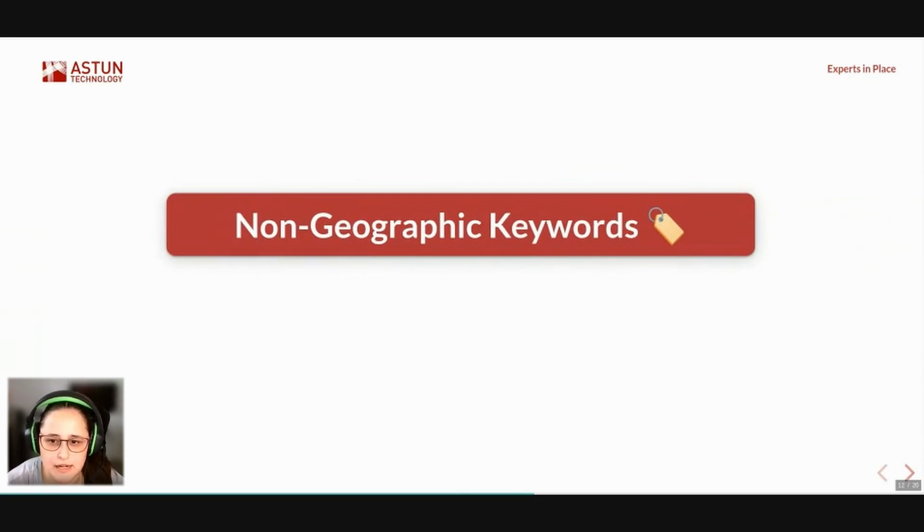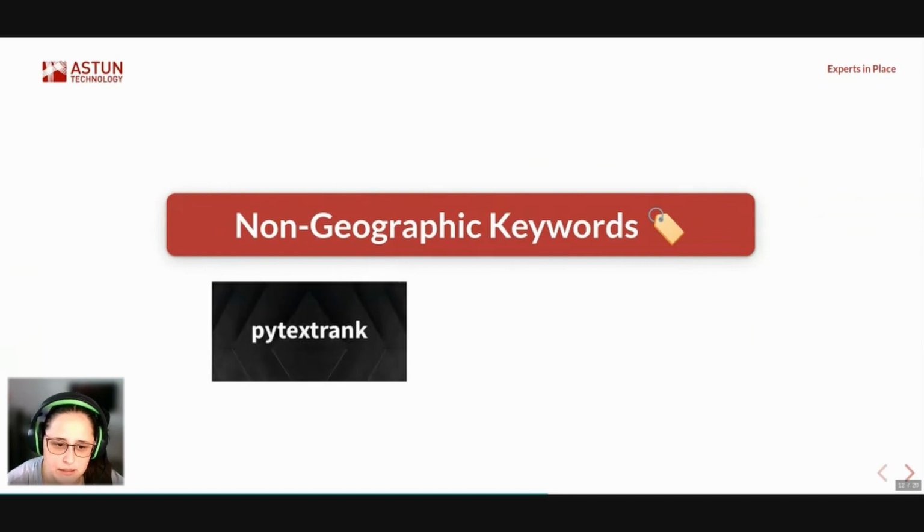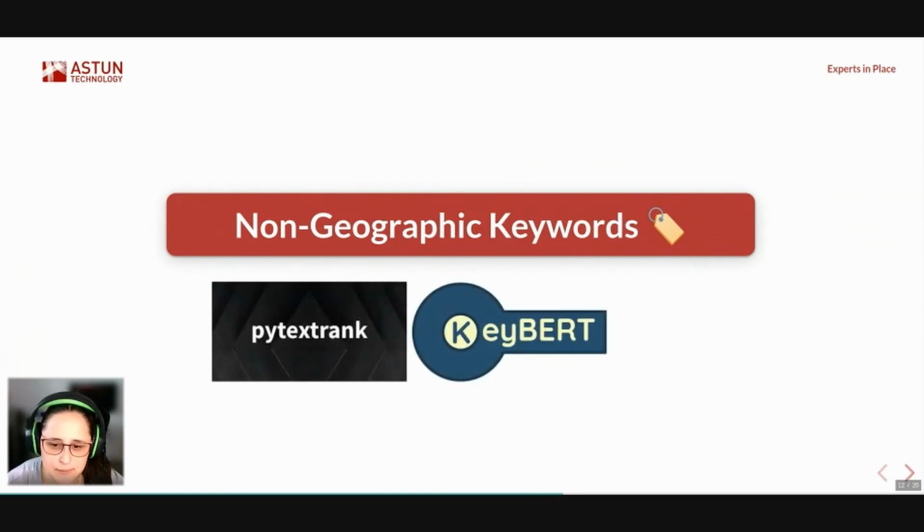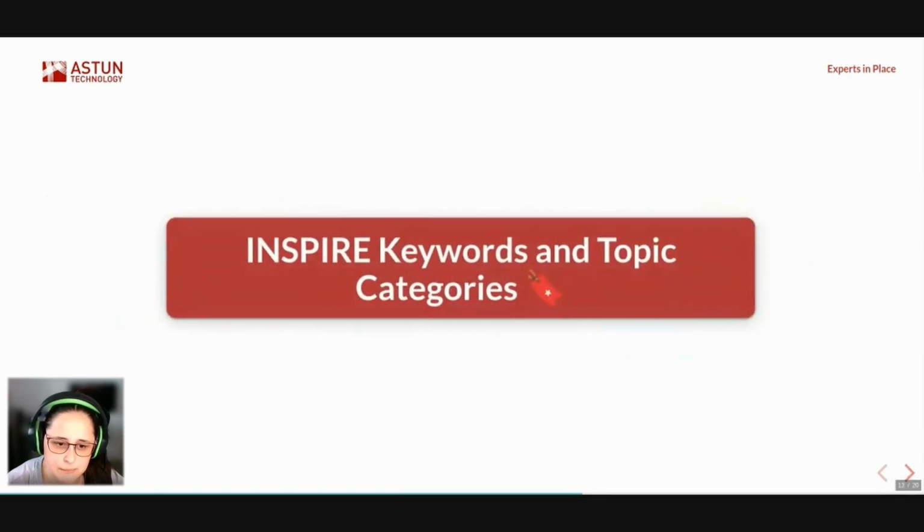Next we looked at non-geographic keywords. There are loads of options for this, and we are not very sure yet which approach gives consistently the best results, so we are currently running a few of them in parallel. We are using PyTextRank, KeyBERT, and YAKE. For INSPIRE keywords and topic categories, because these are controlled text fields, we are using text classification to pick the keywords and categories that best match the data that we get.